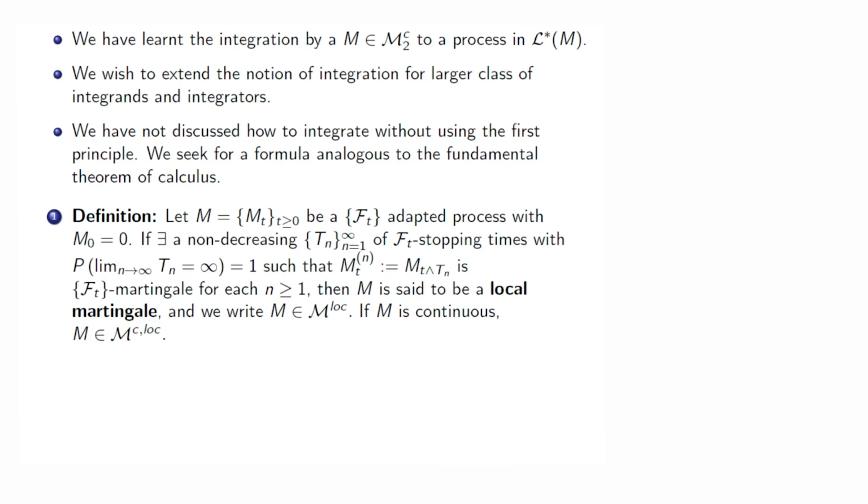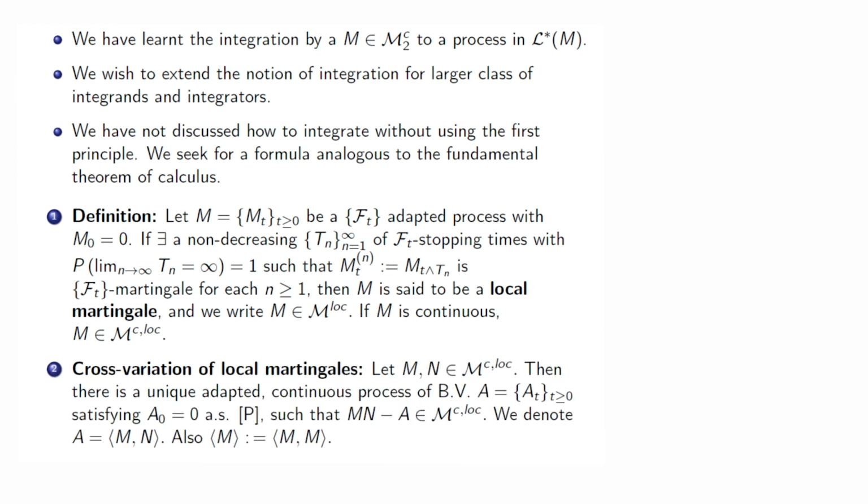So for every n you get a process, and that process is a martingale. Then we say that M is a local martingale, and we denote the class of all local martingales as script M-loc. If M is continuous in addition to being a local martingale, we call M a continuous local martingale, and that subclass we denote by script M C comma loc. So M C comma loc is a subclass of M loc.